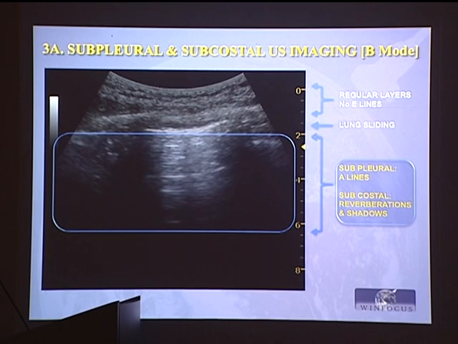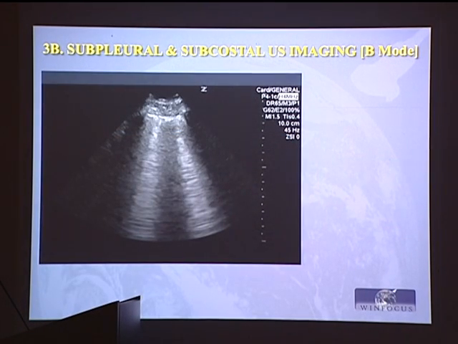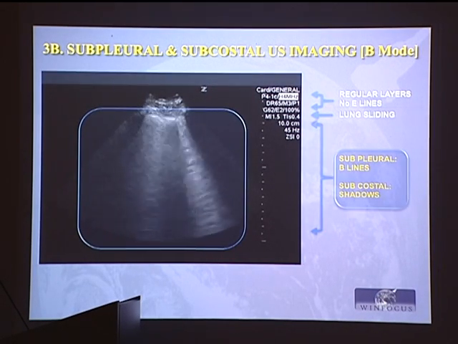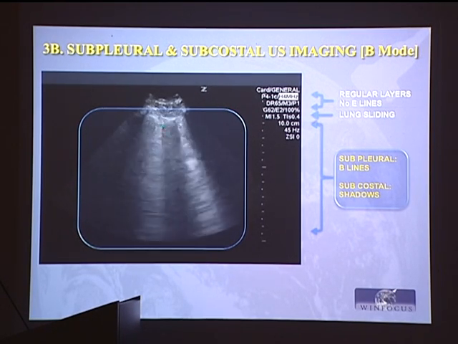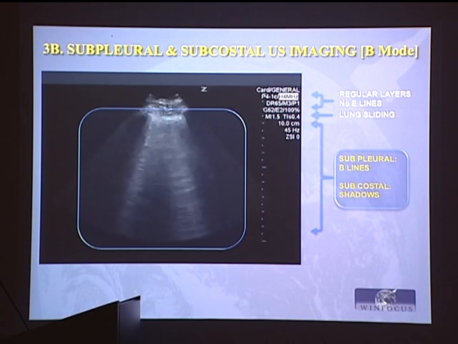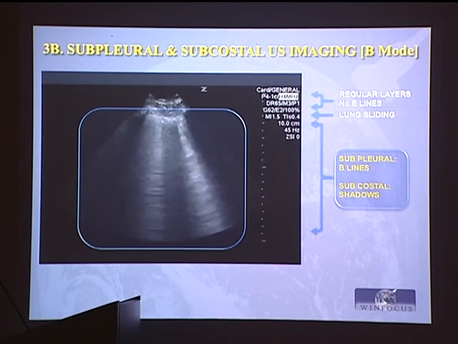What is happening when the septa are thickened and the alveoli are wet? You will have vertical hyperechoic lines appearing. You see that they are different from the E lines, because the E lines were born from the chest wall to the bottom, but these are originated by the pleural line to the bottom.